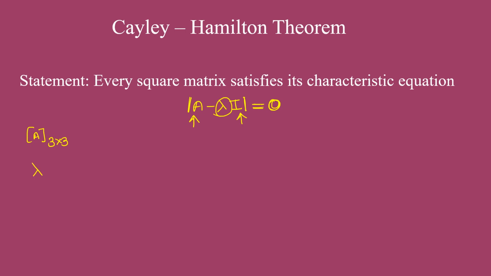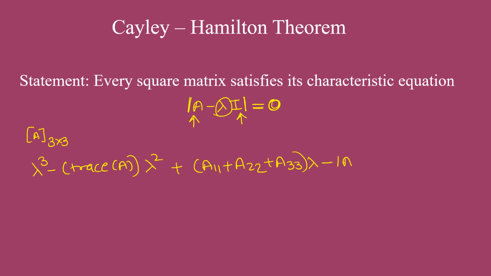And the formula is lambda cube minus trace of A times lambda square plus A11 plus A22 plus A33 times lambda, where A11, A22 and A33 are the minors obtained by eliminating first row, first column, second row, second column and third row, third column respectively, minus determinant of A equals to 0. The statement says that this characteristic equation is going to be satisfied by the given matrix A.